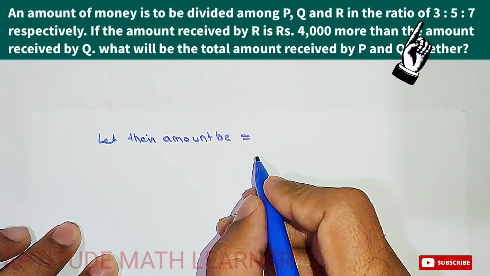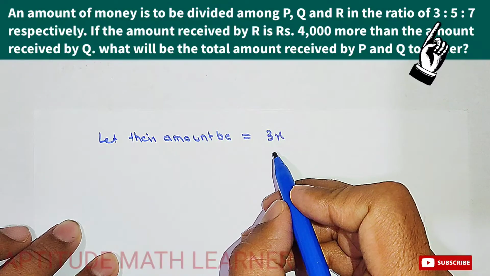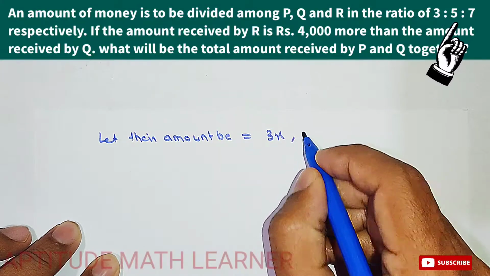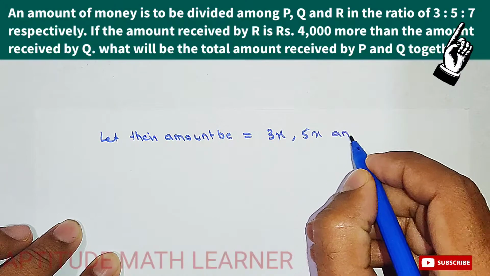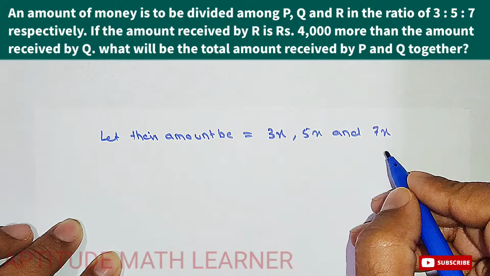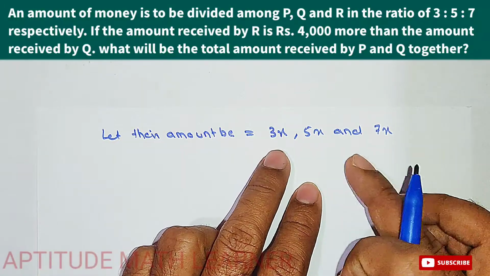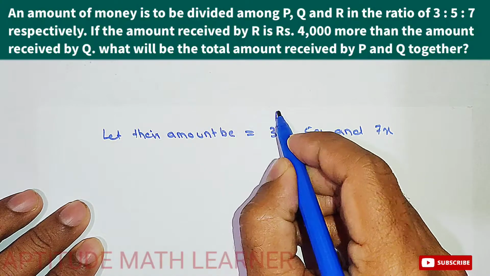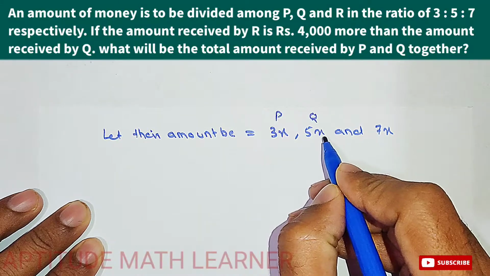So we have the ratio 3x for P, 5x for Q, and 7x for R. So these are the ratios in which the amount has to be distributed.